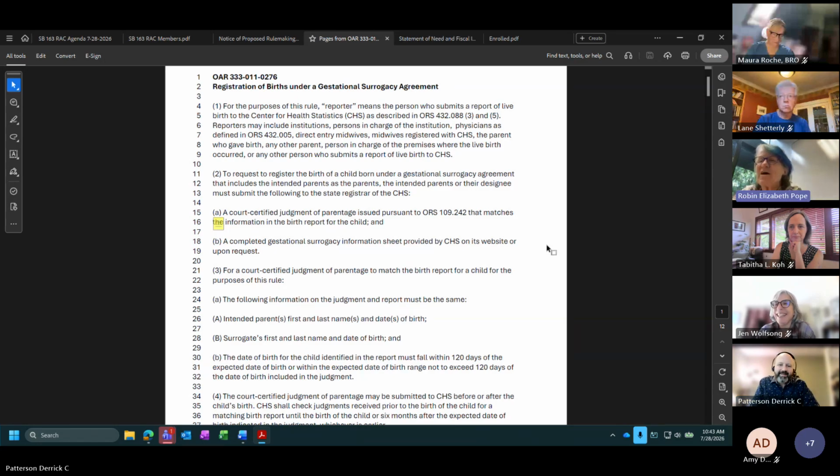Sorry about this, folks. Throughout, we use the word matches in terms of the judgment and the birth report and maybe another form. They're never going to identically match, but if we could insert the word substantially, and then I guess we need direction. Right now, we don't include dates of birth or social security numbers in our judgments that we file for parentage.